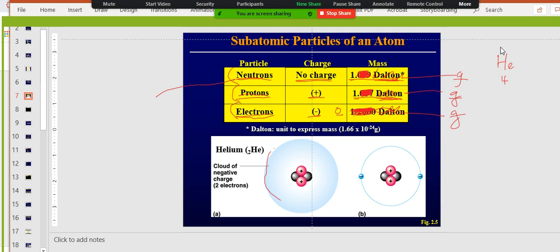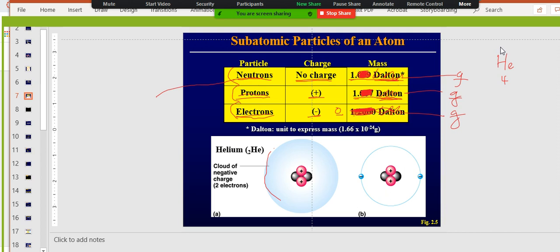And we can get a lot of information from this. So this means it's 4 daltons, which ultimately we're going to convert to grams because they're easier to work with. This is the number of protons it has. So helium has 2 protons, and its total mass is 4 daltons.